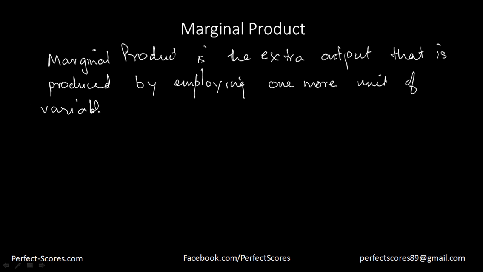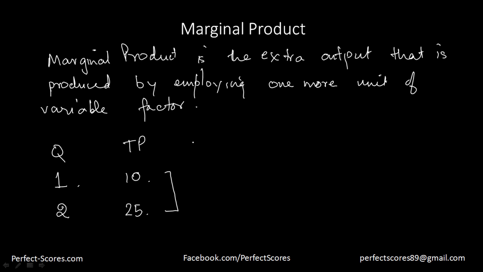Let's take an example here. Let's use the previous table only. When I'm employing one labor, my total product is 10. And when I'm employing two laborers, two people, the total product is 25. So what's my marginal product here? Marginal product is the extra output that you produce.